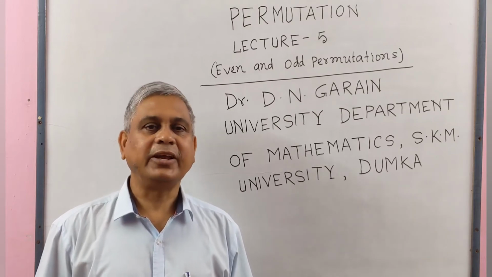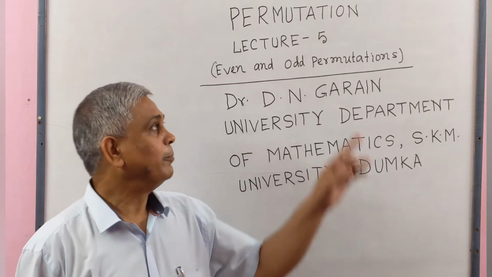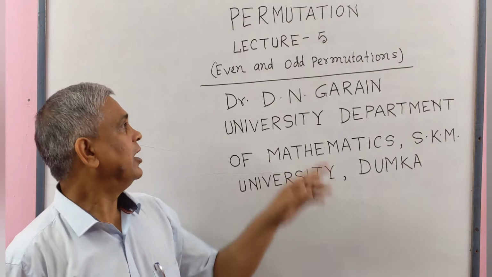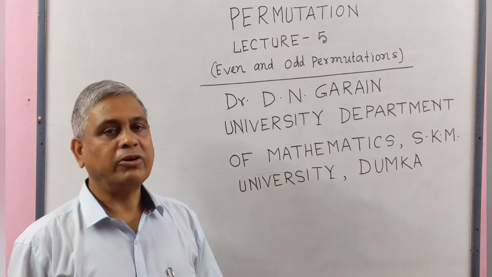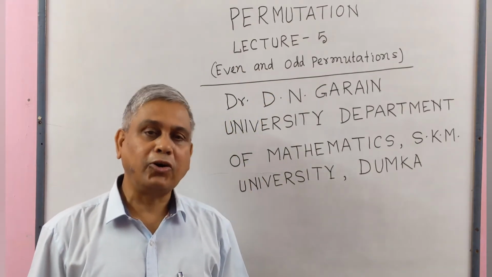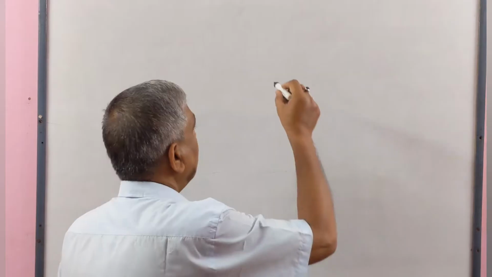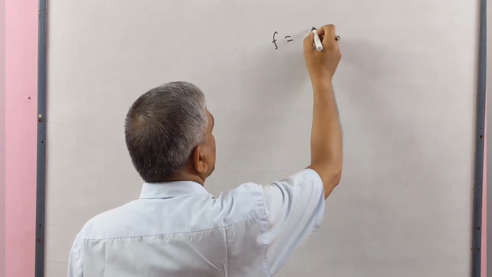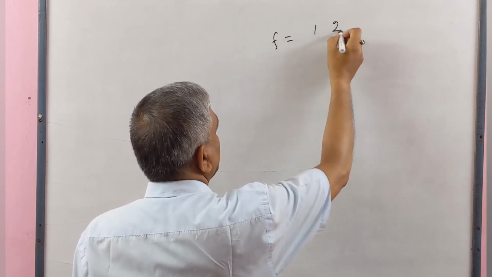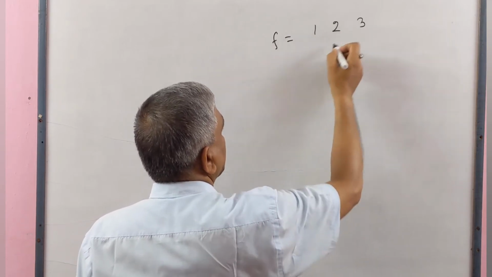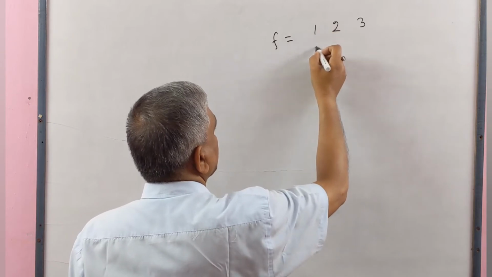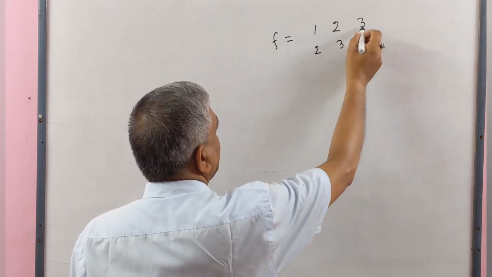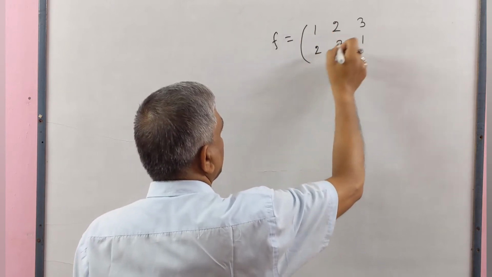Today I will deliver lecture on permutation, lecture number 5, in which I will discuss on even and odd permutations. Let we have a permutation f such that image of 1 is 2, image of 2 is 3 and image of 3 is 1.